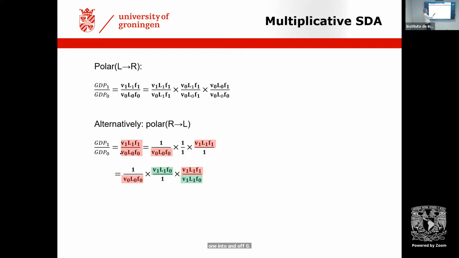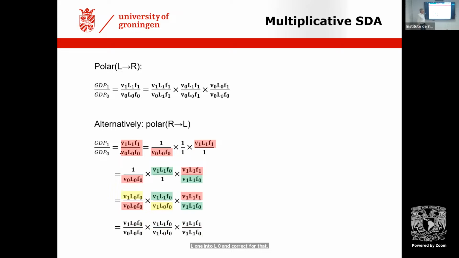The next step is change L1 into L0 and correct for that. I'll put the colors nicely on top of each other, and you arrive at this. And this is the other polar decomposition.